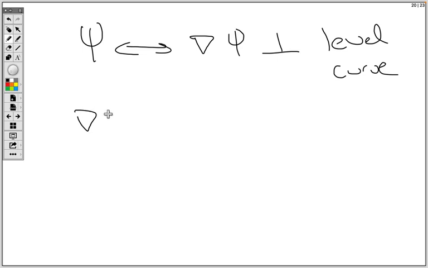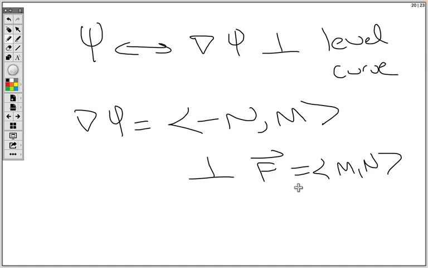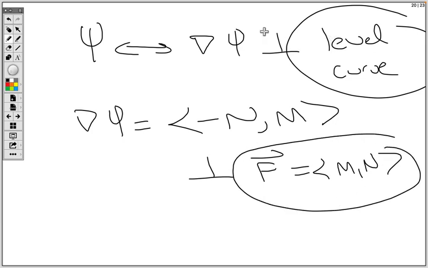But if I look at the gradient of psi, I'm getting the minus n comma m, which is orthogonal to the field F. So that means that the level curve of psi is going to be parallel to the field because both of these things are orthogonal to the gradient.